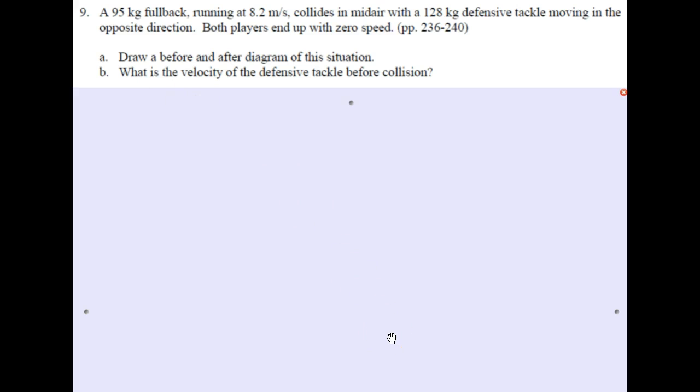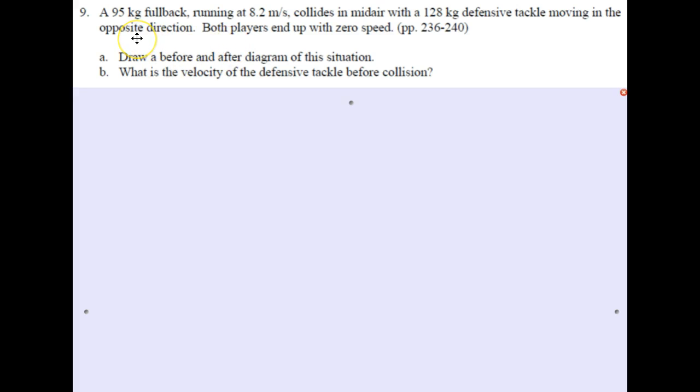Let's go ahead and read it. We have a 95 kilogram fullback running at 8.2 meters per second initial velocity, who collides in midair with a 128 kilogram defensive tackle, his mass, moving in the opposite direction.